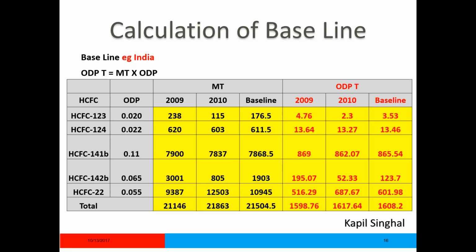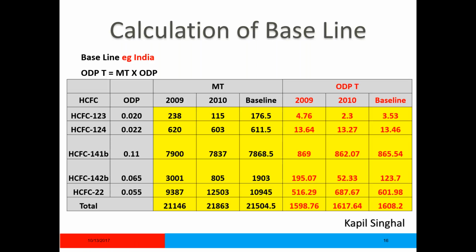If 10,945 metric tons was the consumption of R22, it is multiplied with the ODP, which is 0.055, and it gives the ODP tons, which is 601.98. Versus 141b, which was 7,900 and 7,837, so the average becomes 7,868, and if we multiply it with the ODP, which is 0.11, very high, almost twice that of R22, then the ODP tons of baseline becomes 865.54.